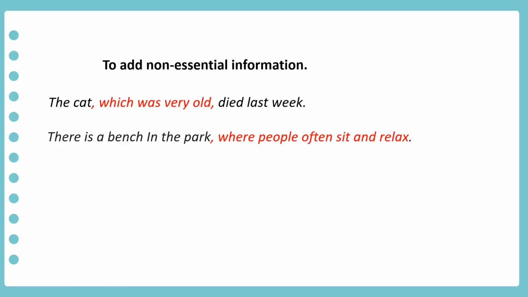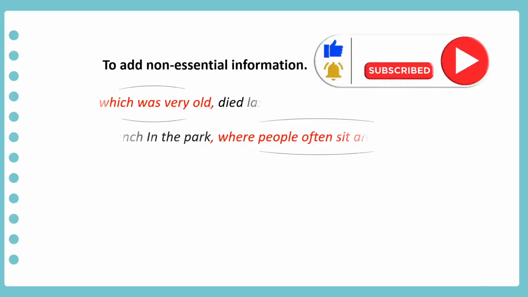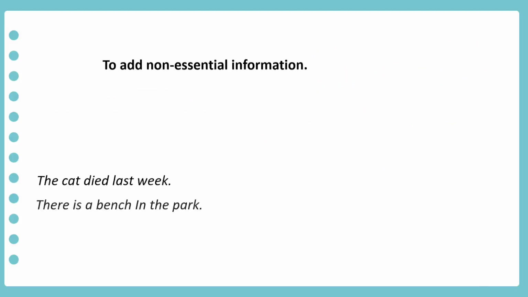Here, the phrases which was very old and where people often sit and relax are non-essential because they do not change the meaning of the sentence. The sentences would still make the same sense if the phrases were removed. The commas before and after the phrases tell the reader that the phrases are non-essential and can be removed.